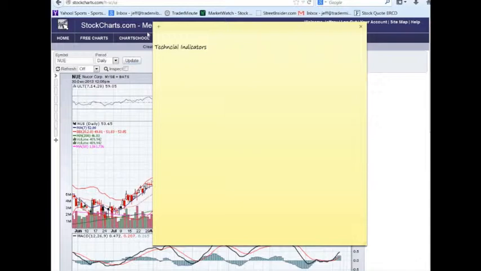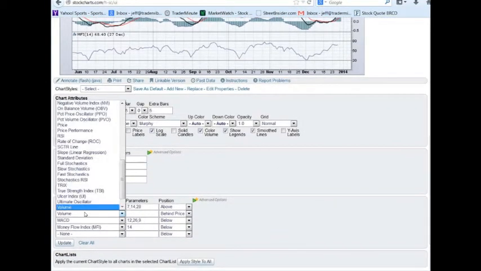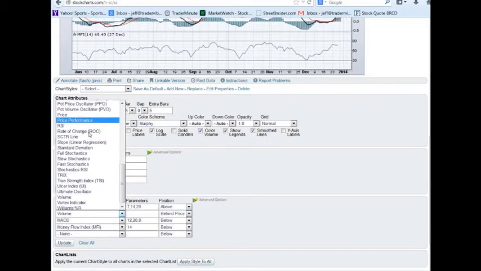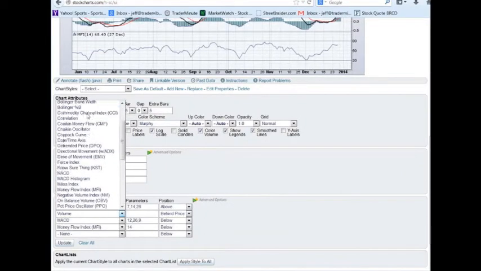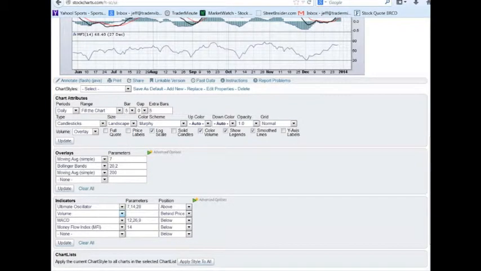These technical indicators, let me show them to you here. If you come down here below under indicators, StockCharts has a whole bunch of them, but they don't have any relative to something like Thinkorswim.